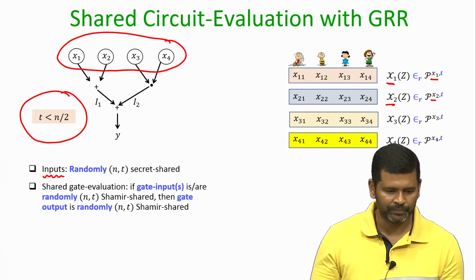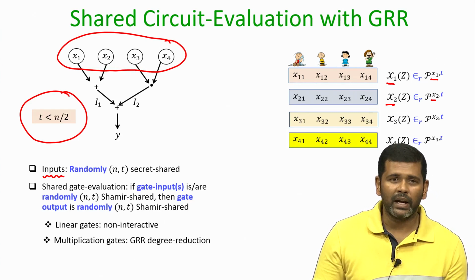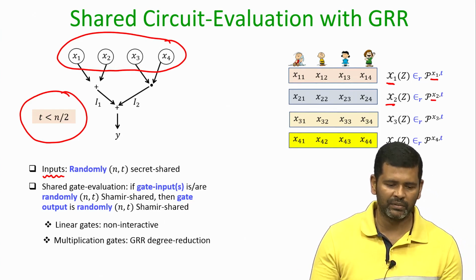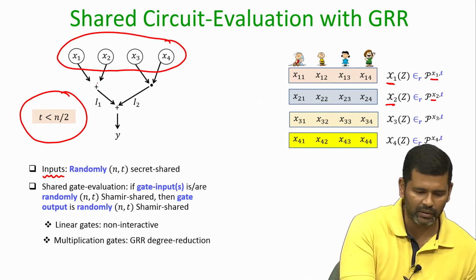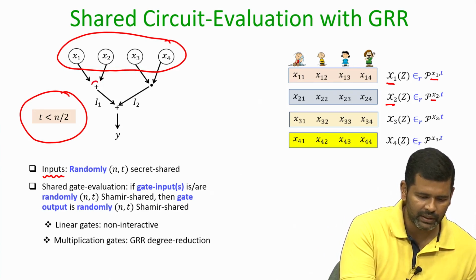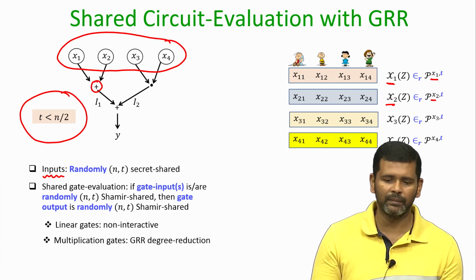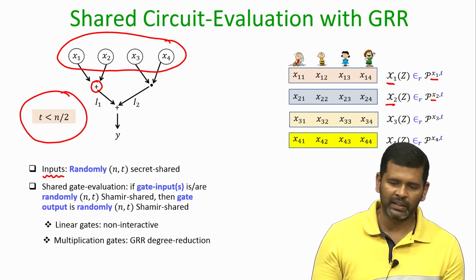And in this whole process the privacy of the gate inputs and the gate output should be preserved. So, linear gates do not require any interaction, whereas for multiplication gates we have to run instances of GRR degree reduction. So, in this specific circuit, once the inputs are secret shared, the first gate that they will consider for evaluation is this plus gate, which is a linear gate. And what are the inputs of this plus gate? The inputs are x1 and x2.